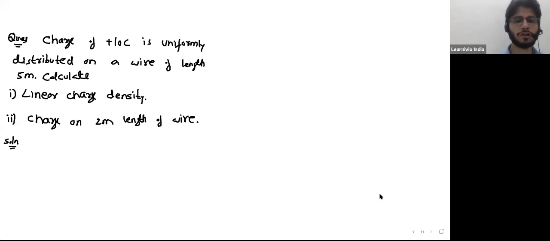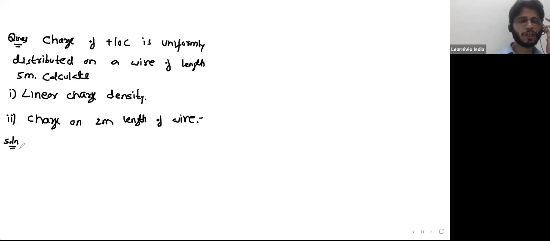Yes, Ahmed, now you are right. Amalia, second part is right. No, Shazada. The second part, you're supposed to calculate the charge, not the charge density.